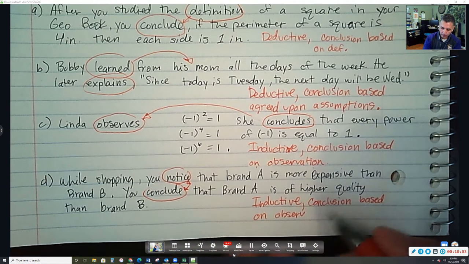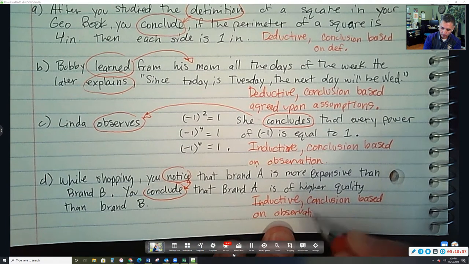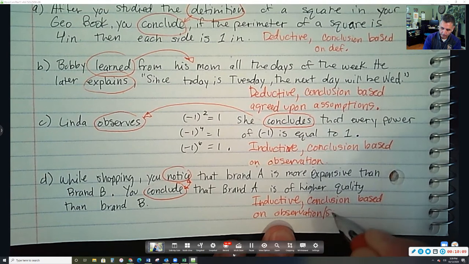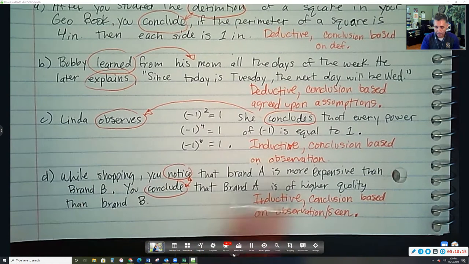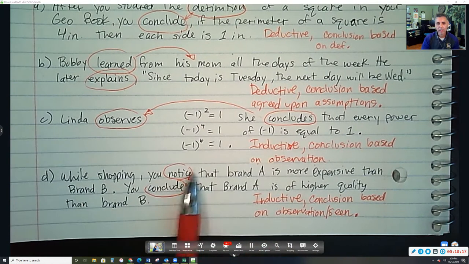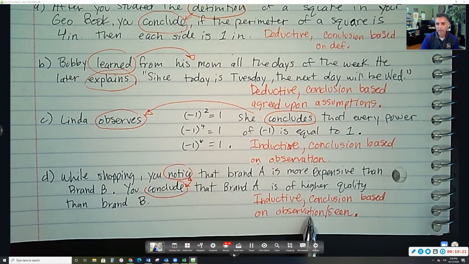Still, you notice something. Observation, or something you've seen, basically, right? So we saw that brand A was more expensive than brand B. You just don't write that there, but that's basically what it is.